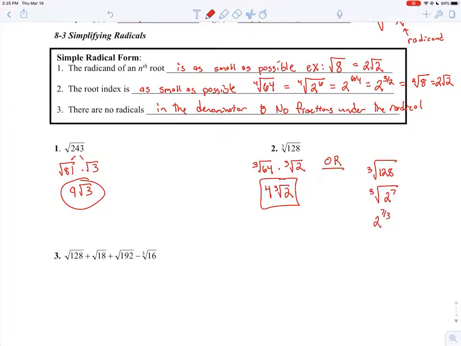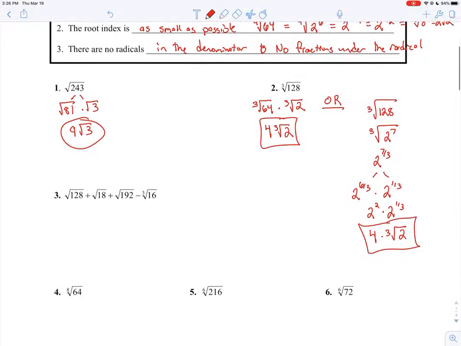If we break that up, this is like saying 2 to the 6/3 times 2 to the 1/3. So we got 2 squared times 2 to the 1/3. Then if we clean that up a little bit, we have 4 times the cube root of 2. As you can see, we got the same exact answer on both. On this particular one, the first one seemed a lot simpler. On some of the later ones, breaking it down with that smallest possible base will be pretty helpful.